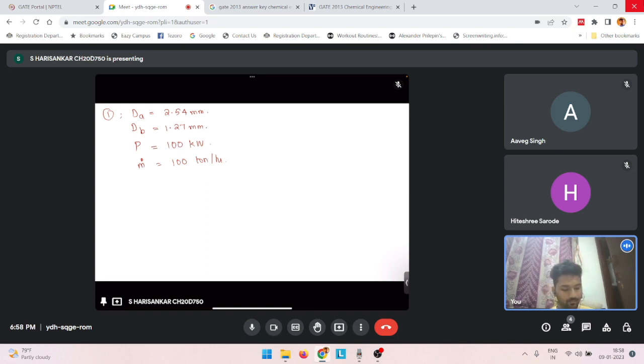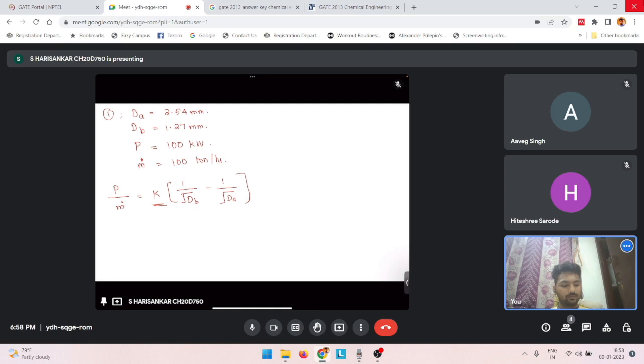The Bond's law states that P by m dot is equal to K into 1 by root of dB minus 1 by root of dA. And here we have all the values except for this constant K.